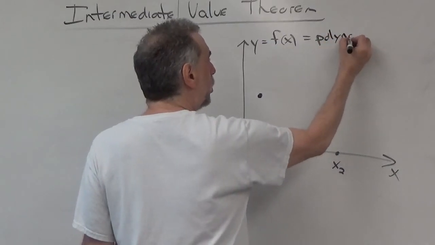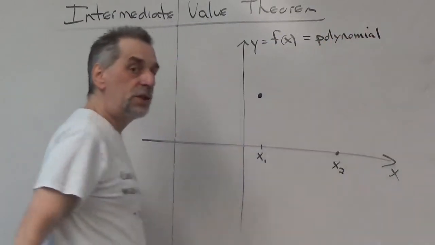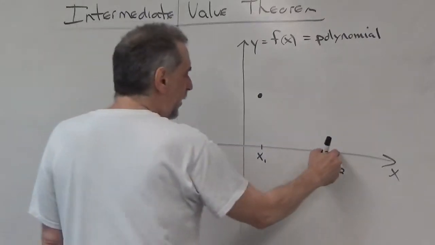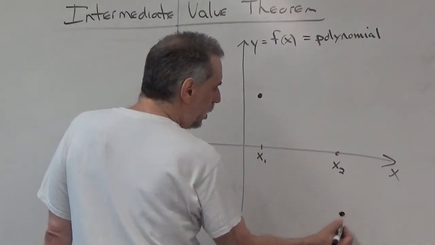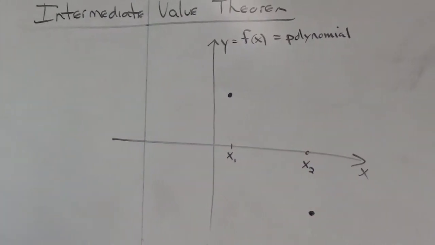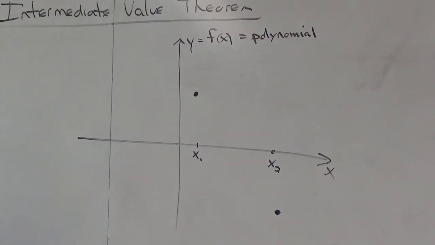Okay? It's got to be a polynomial, which means it's a smooth curve. And if f of x2 is negative, then that means somewhere between x1 and x2 there has to be a 0. That's all the intermediate value theorem says.